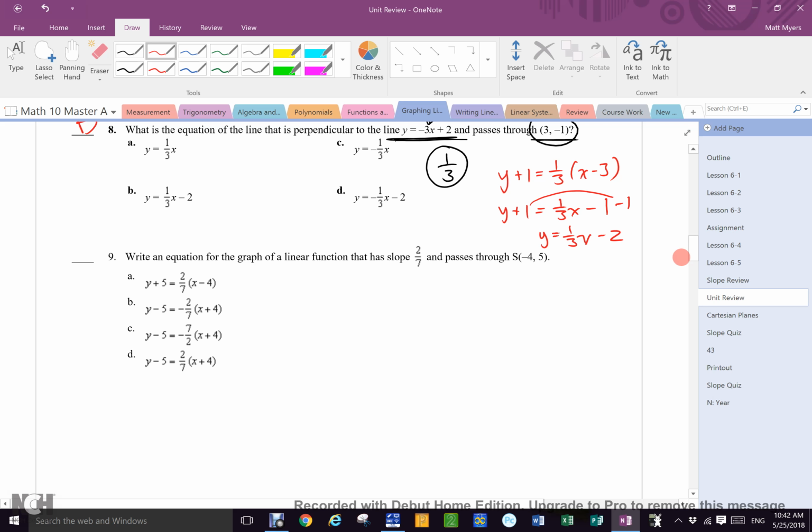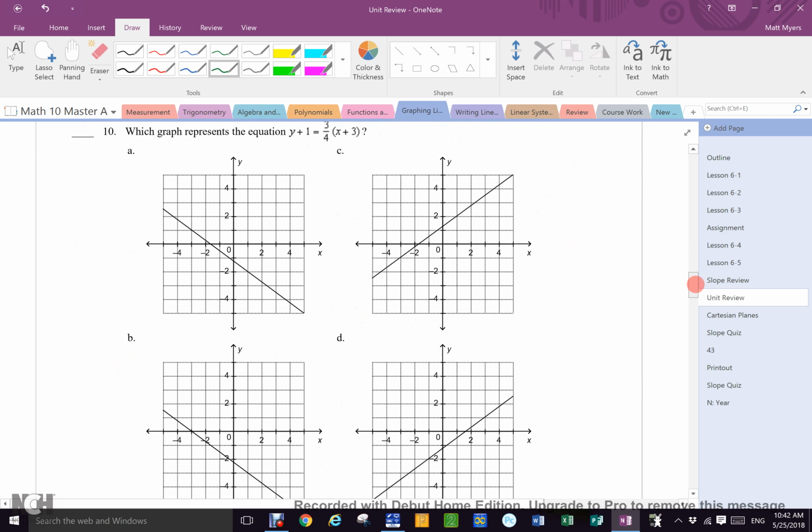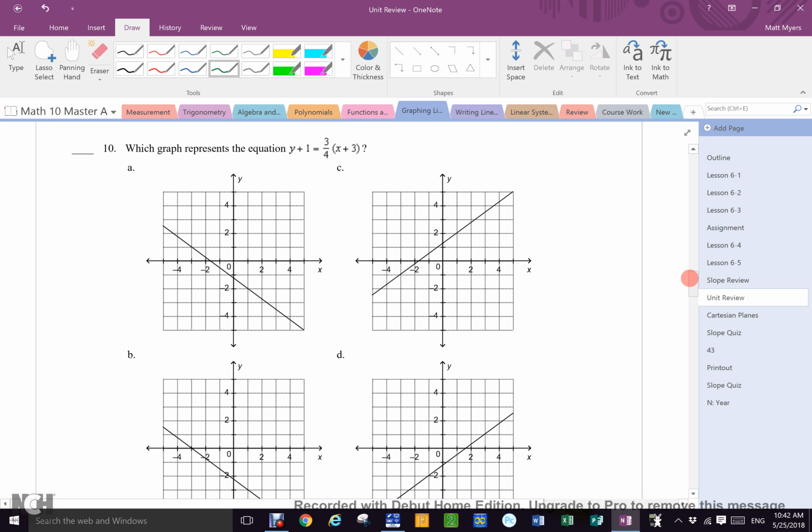Sneaky, yes. What is this equation? Do I have a slope? Do I have a point? So it's point slope form. Y minus 5 equals 2/7 x minus minus 4 plus 4. D. What graph is this? What form is that in?